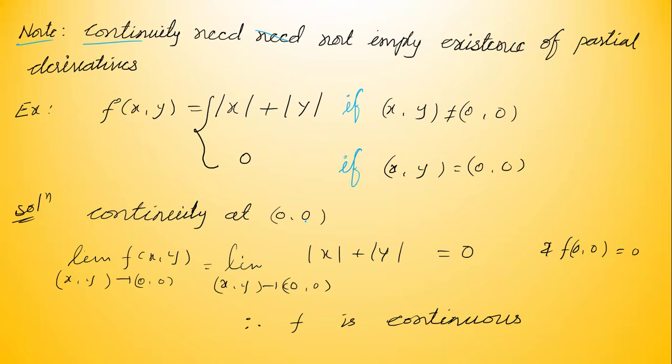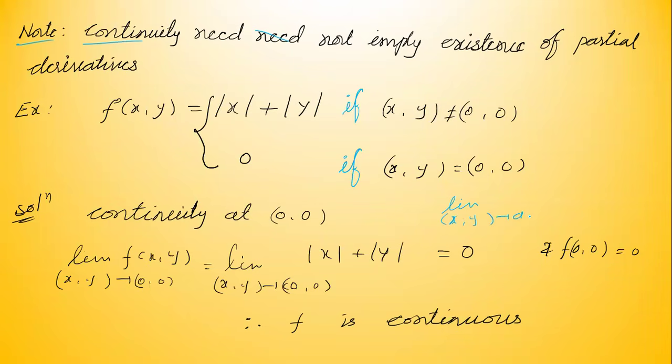Test for continuity at 0 comma 0. The definition is limit x comma y tends to a comma b of f of x comma y equals f of a comma b; here a comma b means 0 0.